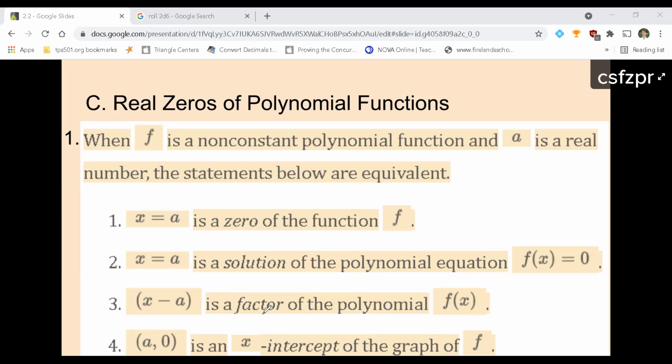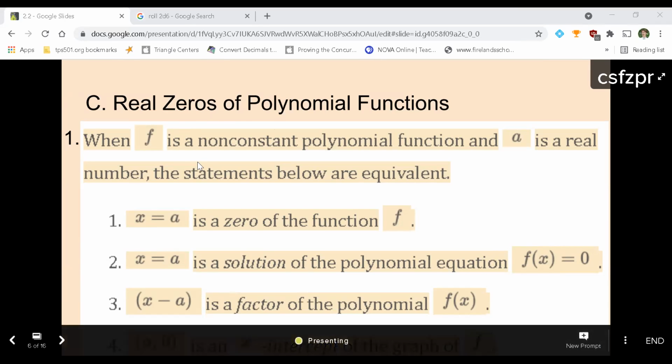So on the ACT, if it asks you for any of those 5 things, it's asking you for the same thing. What's the x-intercept? What's the solution? Zeros, roots, factors, all of those are the same thing. What values of x make our equation 0? And then the factor is just written as x minus a. Anybody need more time on this slide?